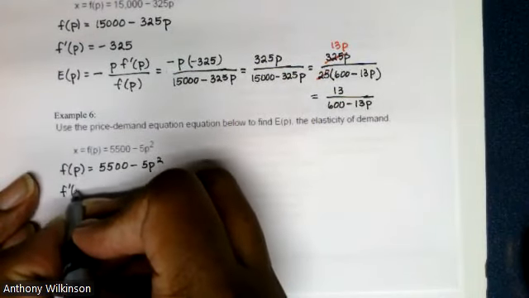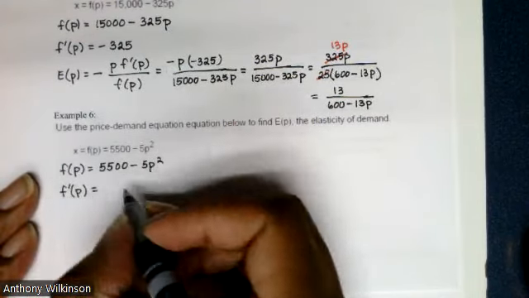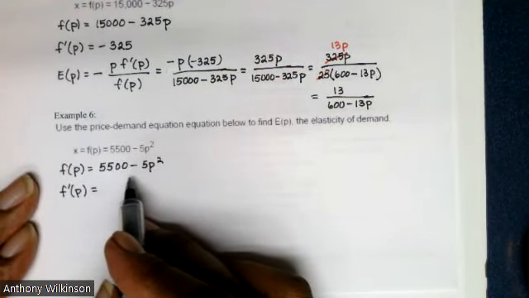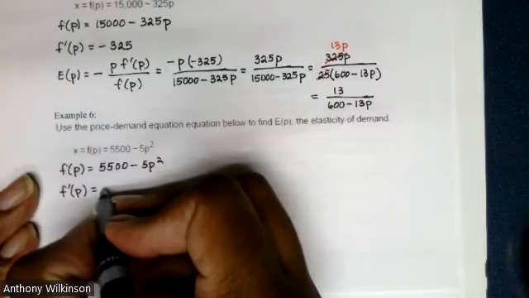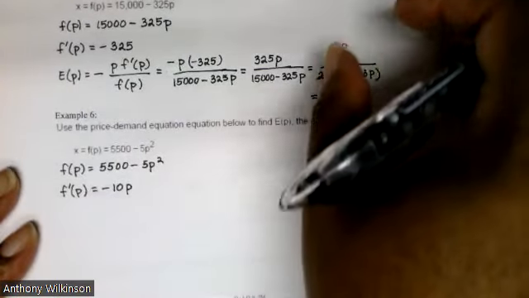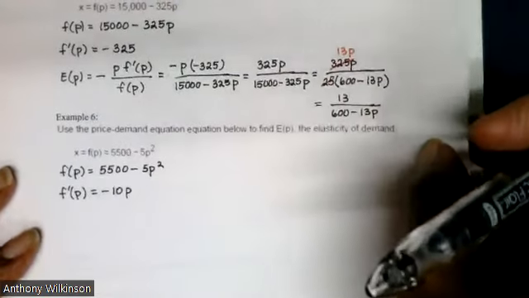And if I take its derivative, F prime of P, the derivative of 5,500 is 0. The derivative of minus 5p squared will be minus 10p. Okay.